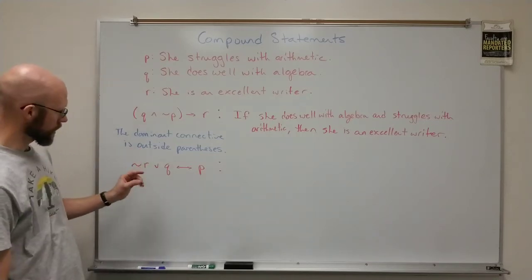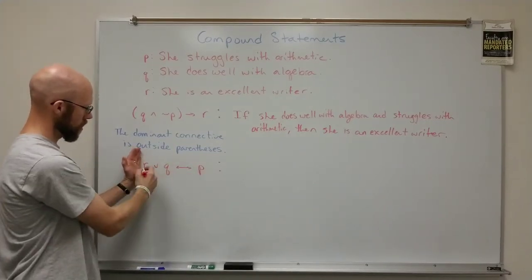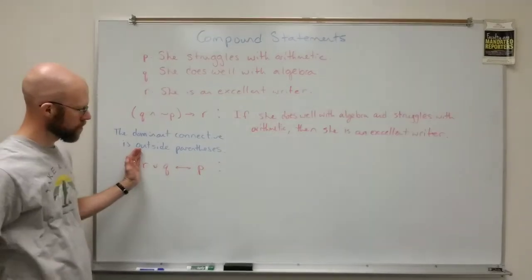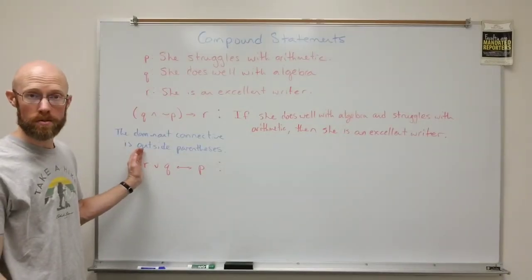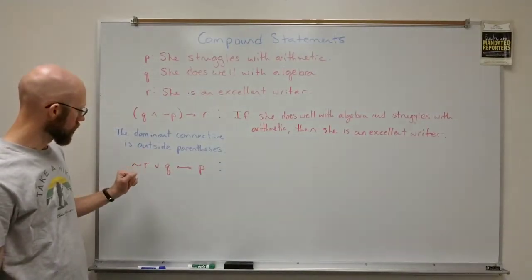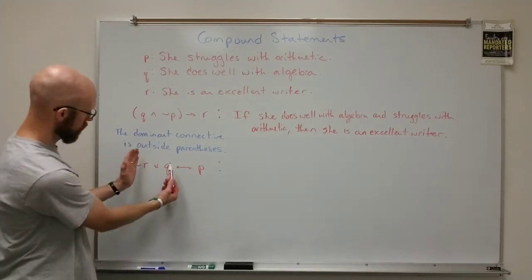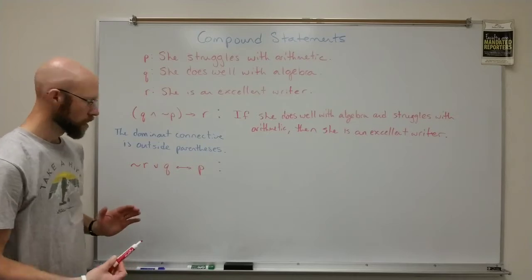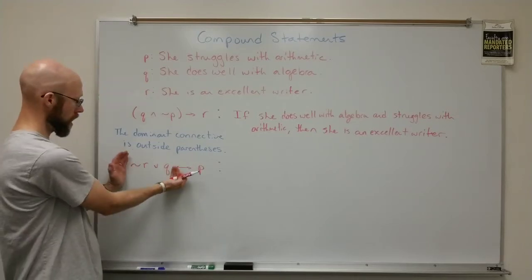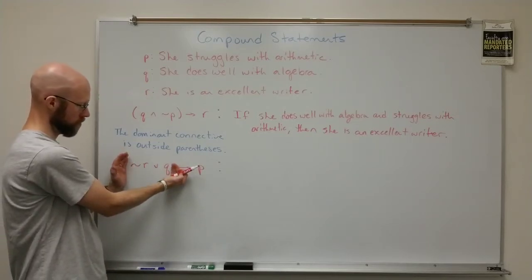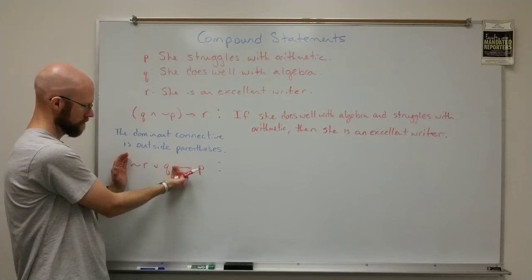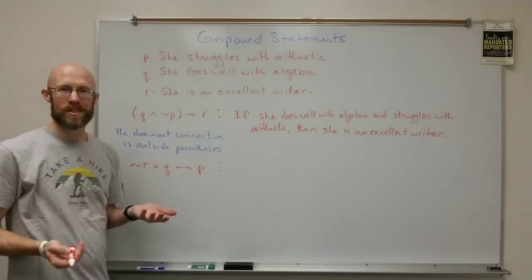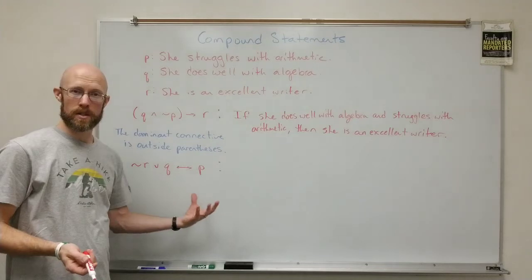Would I say it's not the case that R or Q is biconditional with P, if and only if P? Or would I say that maybe I want the parentheses around R and Q, or maybe I want the parentheses around Q and P? How could I do that? Or around not R and Q or Q. So there's some ambiguity in the way this is written.